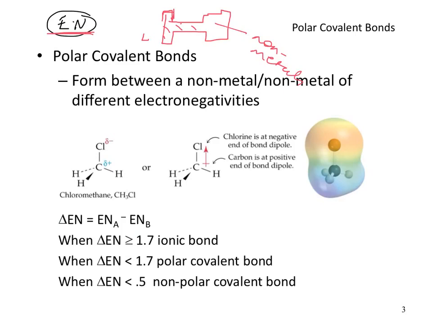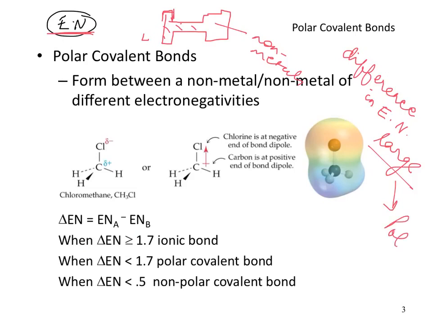And in General Chemistry 1, we said that a greater difference in electronegativity, EN is for electronegativity, if that is large, then we can safely say that it is going to be a polar bond.